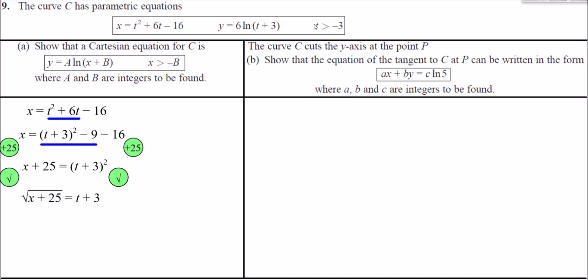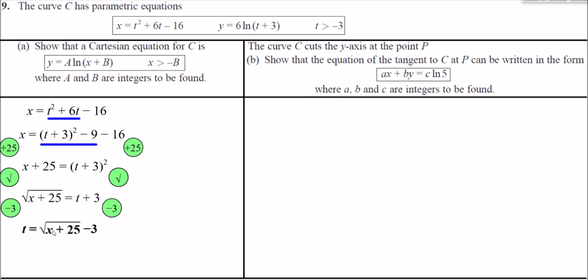It comes from this. t is defined as greater than negative 3. To isolate t, of course, I'm going to subtract 3. So t will be minus 3 and something else. If t is at least minus 3, and I take 3 away from it, t must be minus 3 plus something. It can't be minus something because it's already as low as it can go if it were at negative 3. So take 3 from both sides.